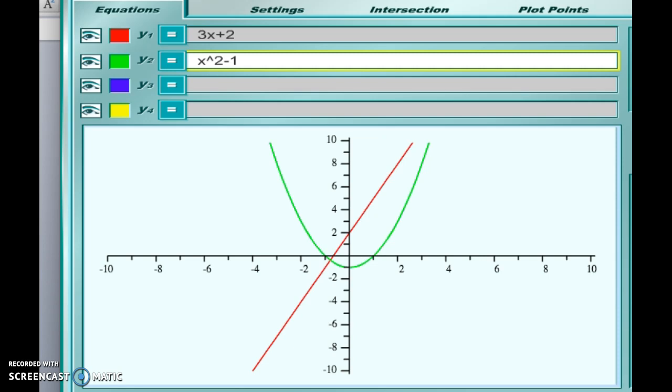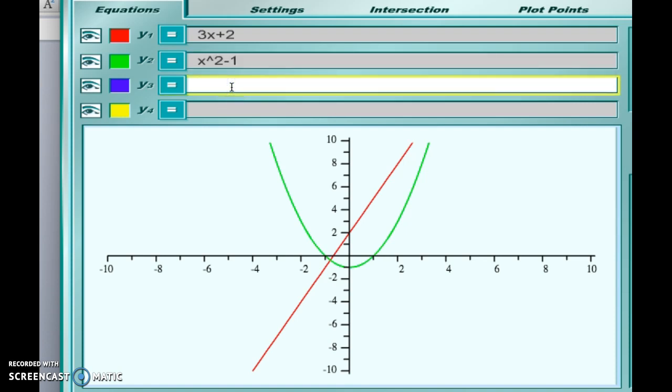But still, I think this is really abstract for my 8th grade students, and I haven't taught this level of mathematics. So just so that they can sort of see it better, that's why I decided to use the graphing calculator.